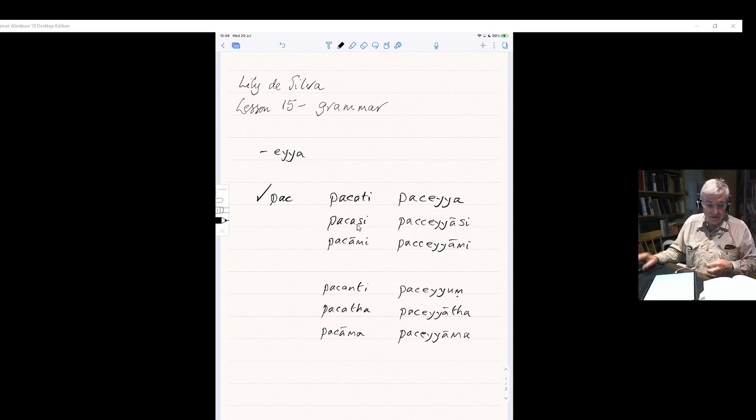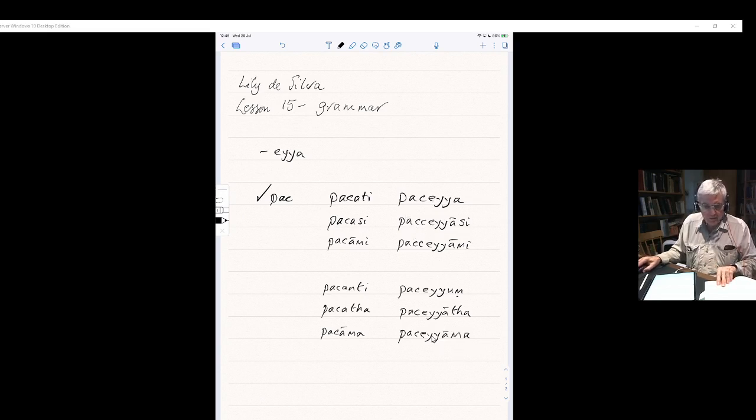He's using the base labh, so labhayame follows Lily de Silva's pachayame, labhayasi, pachayasi. Perniola gives the labhayati form, which is, as I just said, not very much used. It exists, but far more common is just the aya form, which is the only one that Lily de Silva gives.